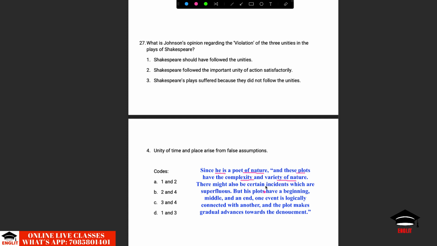There might also be certain incidents which are superfluous. Since Shakespeare is trying to create the natural aspect of human being, if at all he happens to create something superfluous, something untrue, so it will do. Since we are considering play to be an original thing, we know that this is merely fiction.